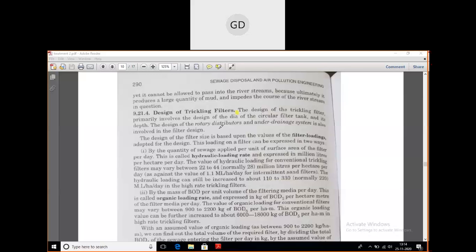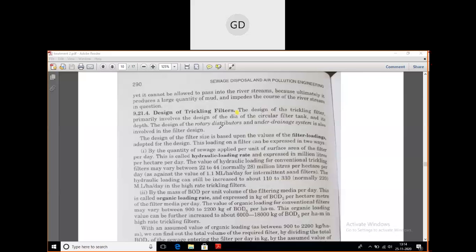Let us see. Number one is by the quantity of sewage applied per unit of surface area of the filter per day. So how much quantity of sewage is applied on the surface area of the filter, per unit surface area of the filter on a particular day. So that is known as your hydraulic loading rate. So what is a hydraulic loading rate?